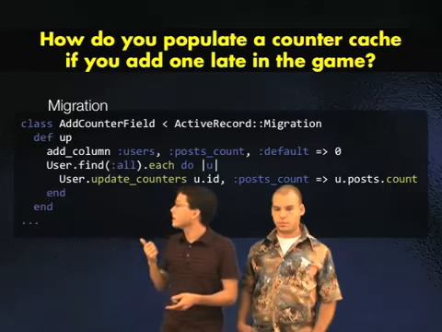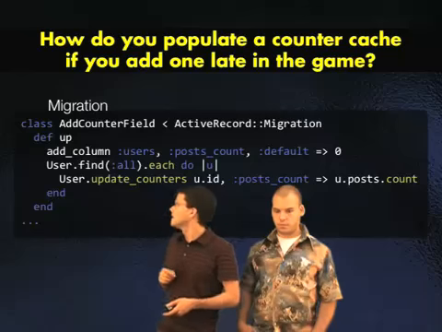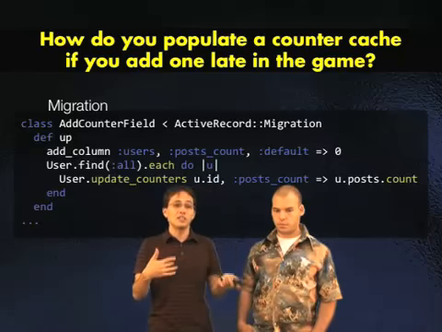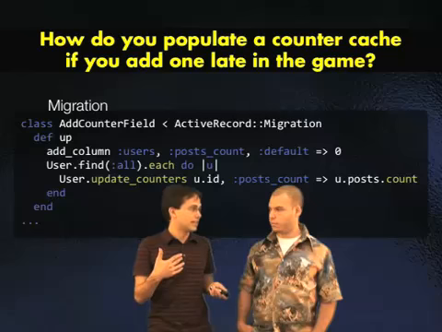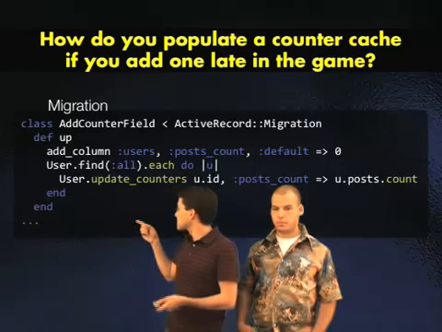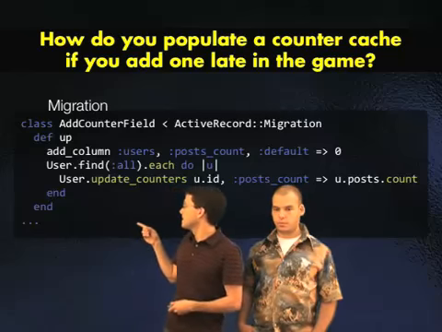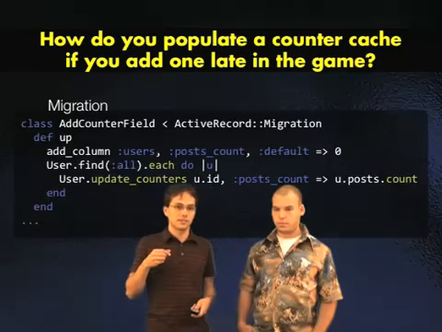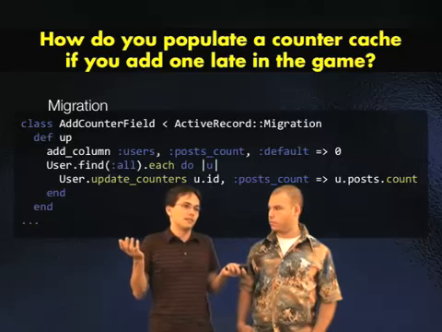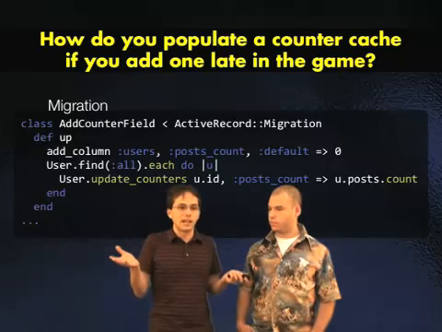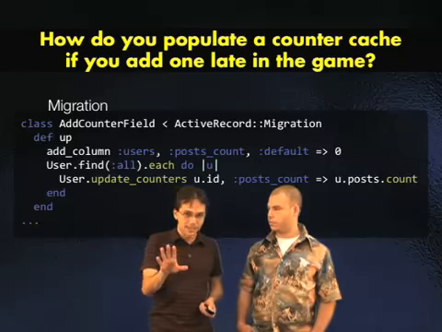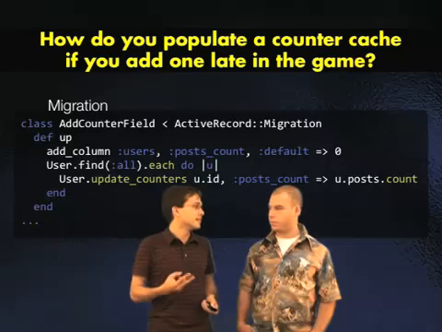So what's happening here, probably, why this is failing, is because you've got another migration that's already used the user model, right? It's already pulled the columns, and then when it gets around to this, and it tries to update the posts count, it says, oh, I don't have a post count column, so I'm going to error out. So to get around this, you've got two options, right?